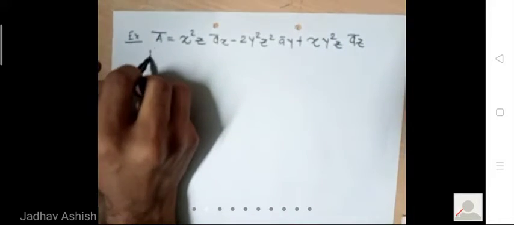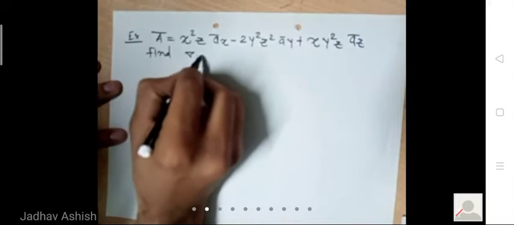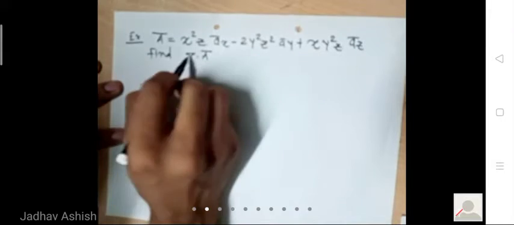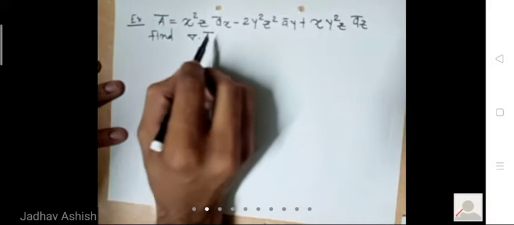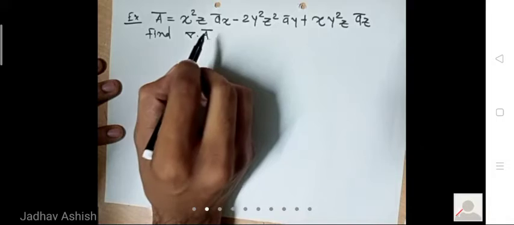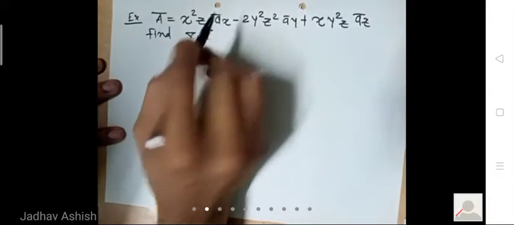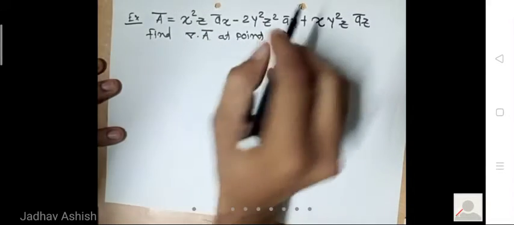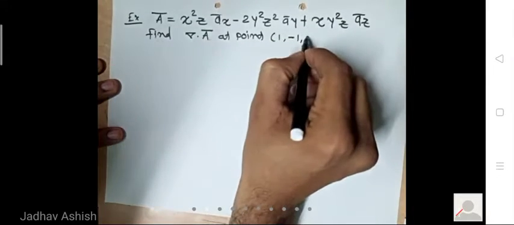So you have to find del dot a bar. What is del dot a bar? It's the divergence of vector A. So you can find this divergence, I'll tell you how, but let us find this at point 1 comma minus 1 comma 1.